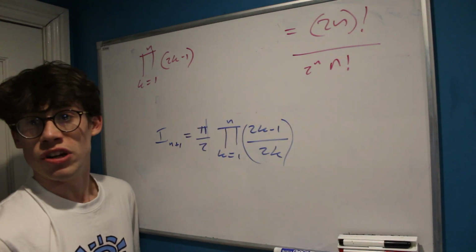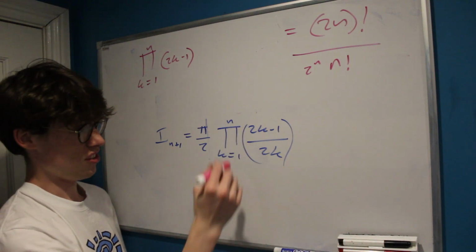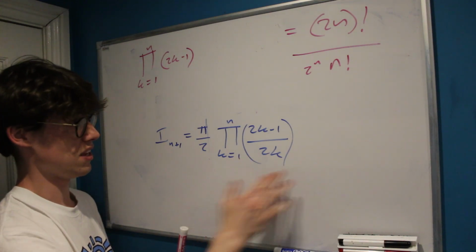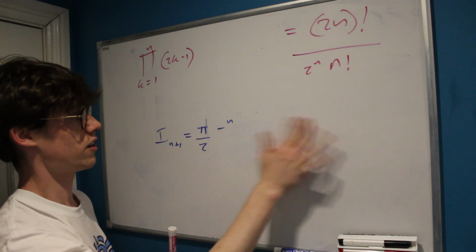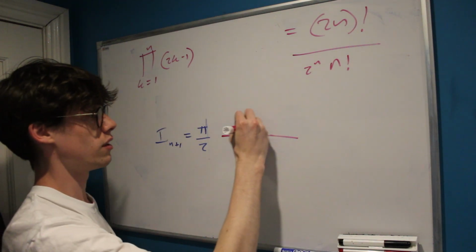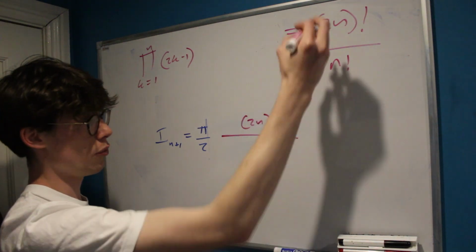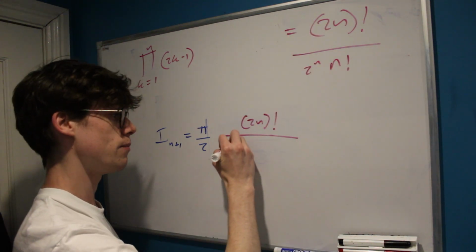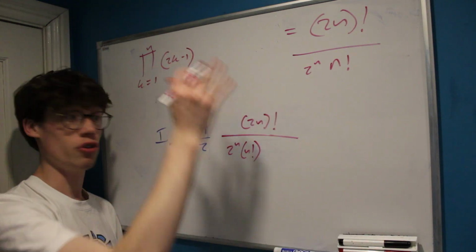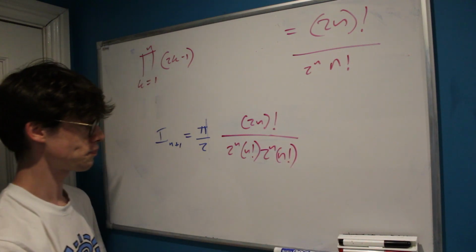So we know what our numerator is, we've just got to think about our denominator. Well, our denominator is just the product of 2k, and we already just worked out how to evaluate that. That's just going to be 2 to the n times n factorial. So our numerator was 2n factorial. Our denominator that we've got left over here is 2 to the n times n factorial. And the denominator from our product evaluated is also 2 to the n times n factorial.